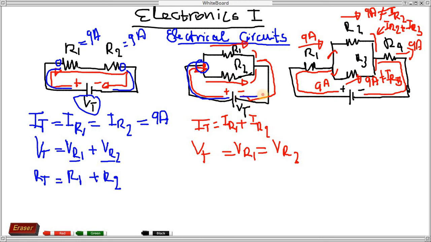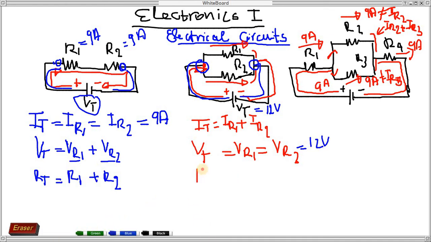This is different from the series case, where the voltage holds only one side of each resistor. Here it's holding the two branches. That's why we say the total voltage is equal to VR1 and equal to VR2. So if the total voltage is, for example, 12 volt, everything here will be equal to 12 volt.